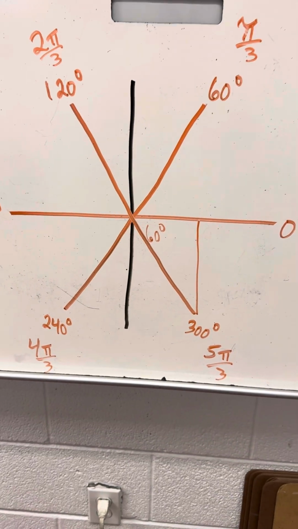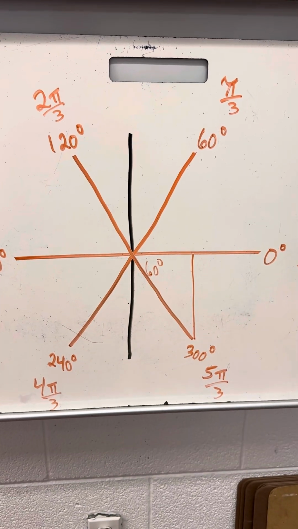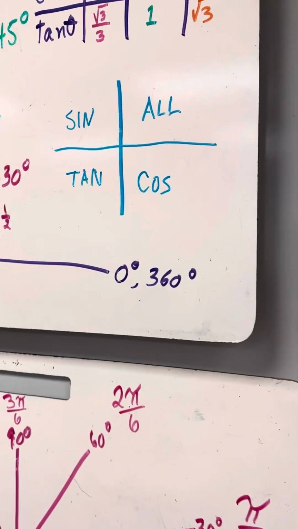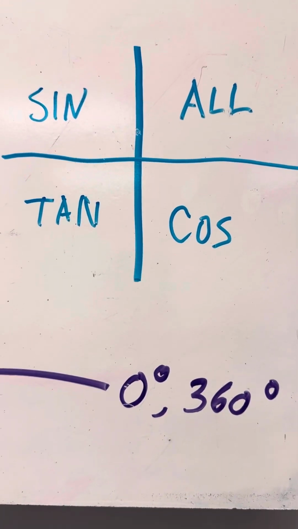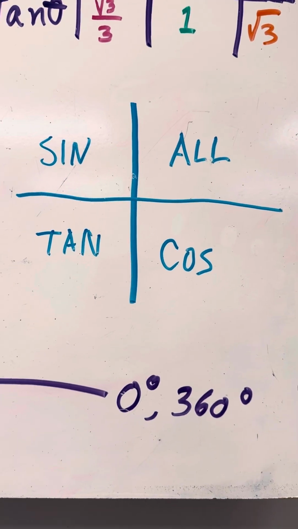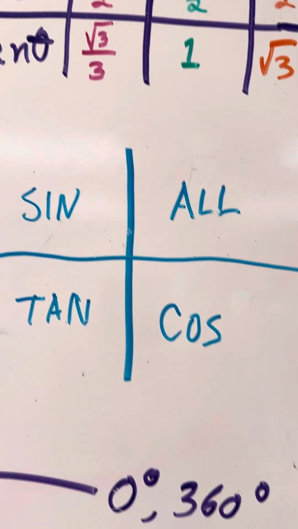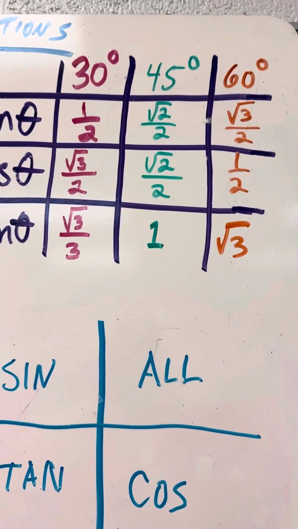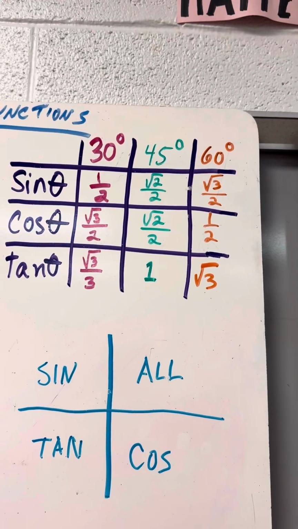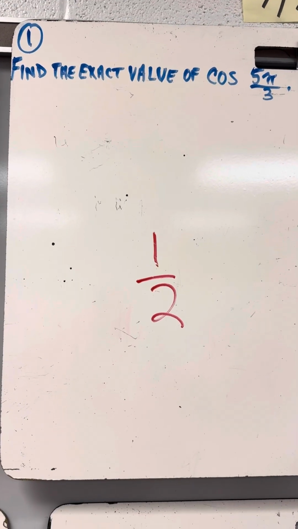So we're talking about 5 pi over 3, which is the same as pi over 3. Now, it's in the fourth quadrant, so cosine is positive, all right? So pi over 3, we said, is 60 degrees. So the question is, what's cosine of 60 degrees? Cosine of 60 degrees is 1/2. So that's your answer, 1/2. Okay?